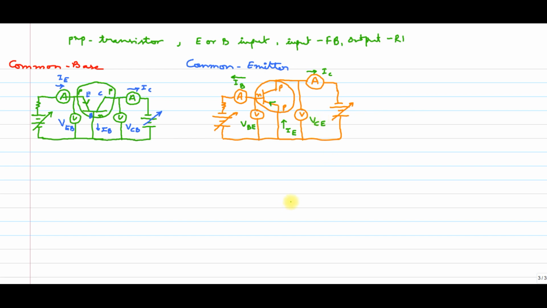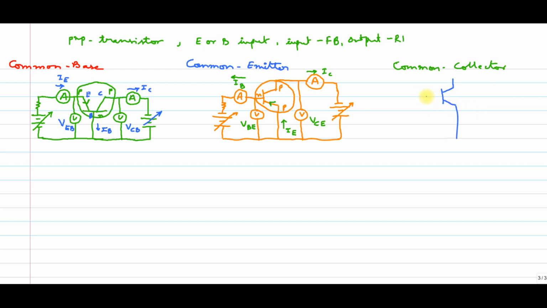Okay, now let's move on to the drawing of common collector configuration. So here again base should be the input, emitter should be output, and collector should be the common.